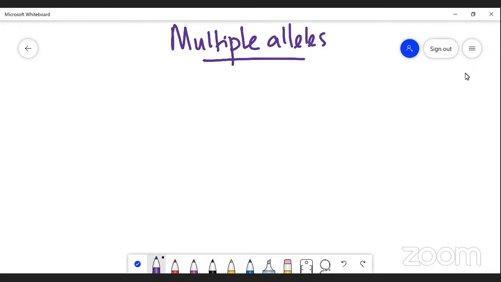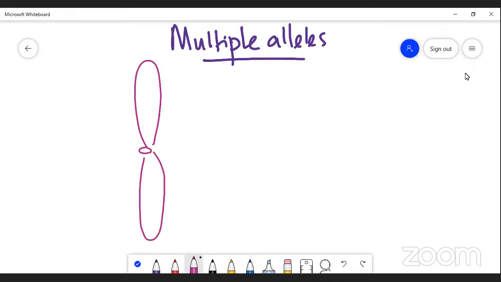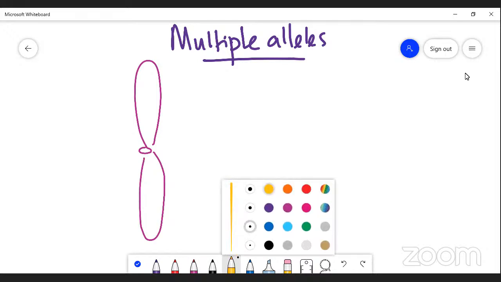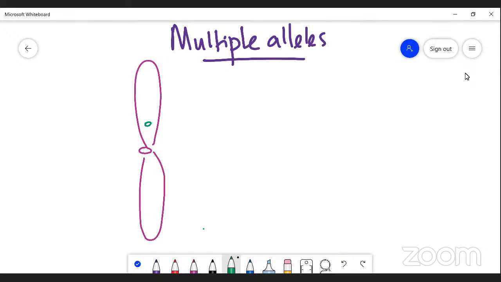So multiple alleles, this is a chromosome. I like to draw the structure of a chromosome in which you find a number of genes. You find a number of loci where you can find the presence of genes. The place where genes are located is called the locus. The green color indicates loci in which many genes are situated.